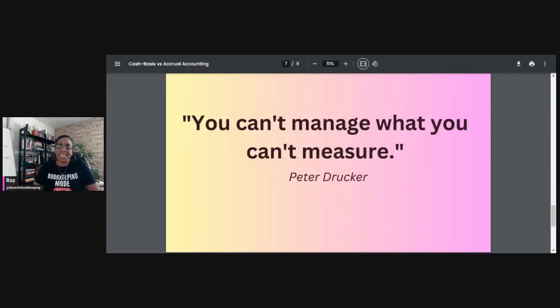So just understand, and I love this quote by Peter Drucker, you can't manage what you can't measure. So you want to make sure that you're keeping accurate records. As a small business owner, maybe you're a trucking business and you need to purchase another truck. But on your income statement, you have a lot of revenue, while your cash is not available.